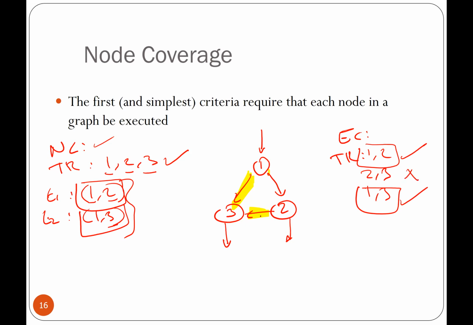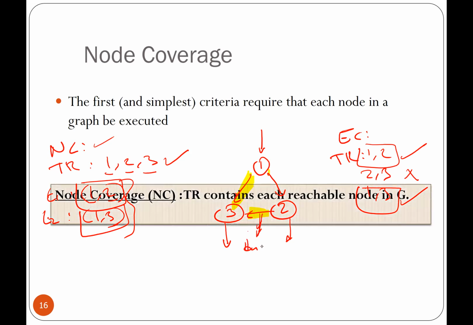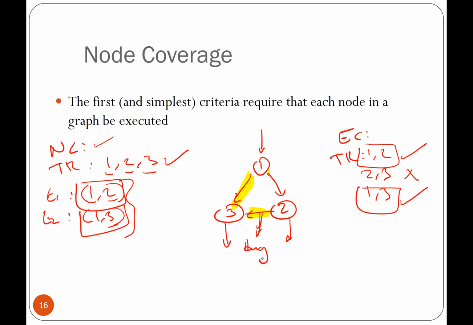Well, you never know, it might have been that we had a bug between the edge of 2, 3. And so had we just satisfied the node coverage criterion, we might not have caught that bug.